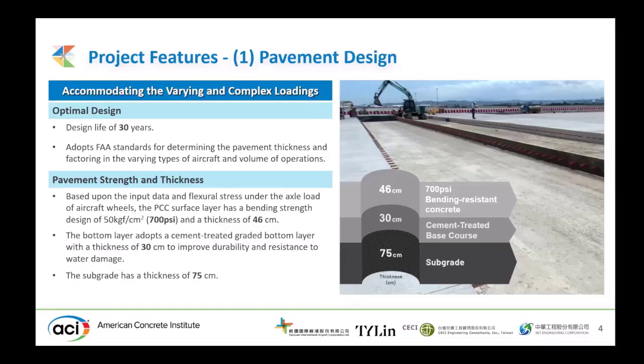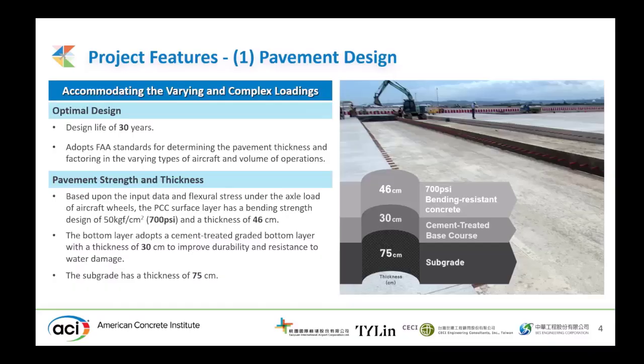Optimal design. We adopt the FAA standards for determining the pavement thickness and to accommodate the various types of aircraft and the volume of operation. Then the PCC surface layer has a bending strength of 700 psi and 46 centimeters thickness.